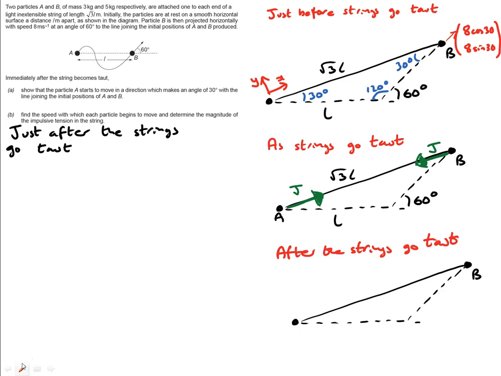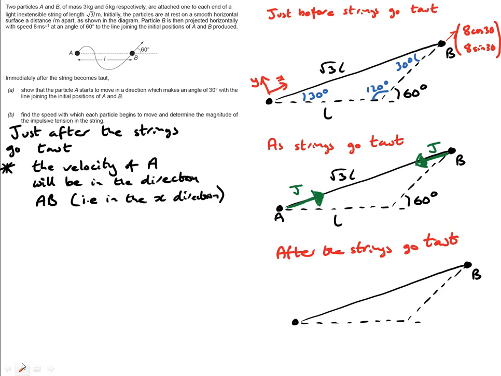So, just before the strings go taut, we've got our 8 cos 30, 8 sine 30 going on.